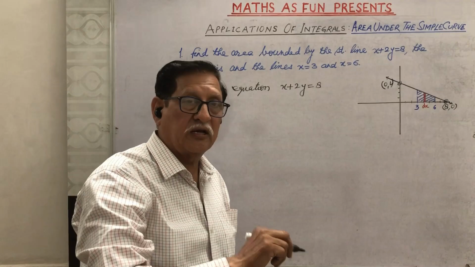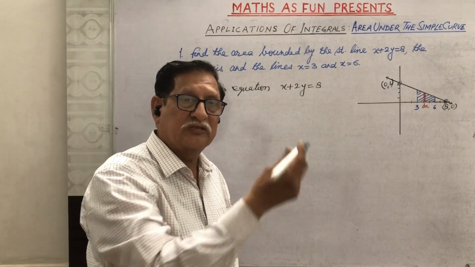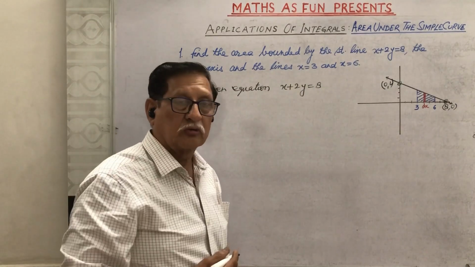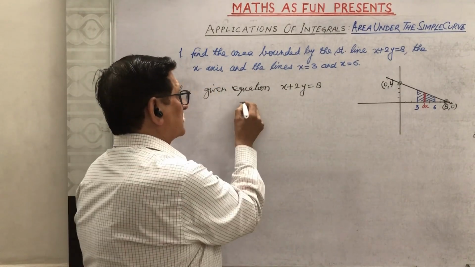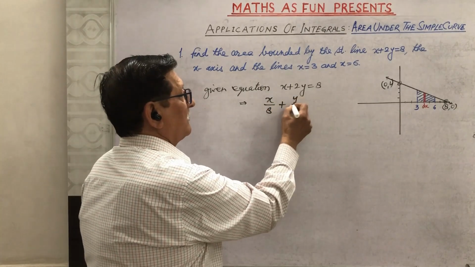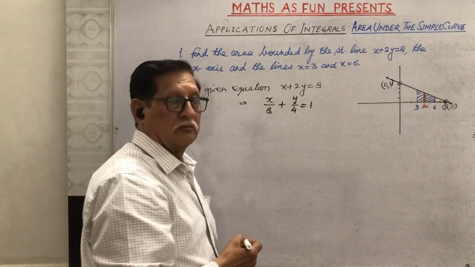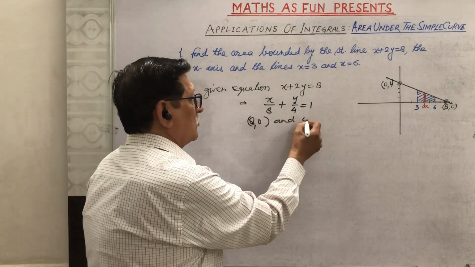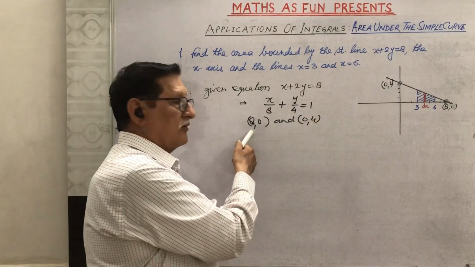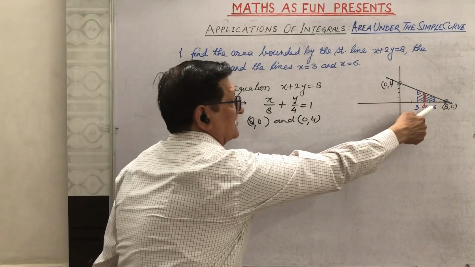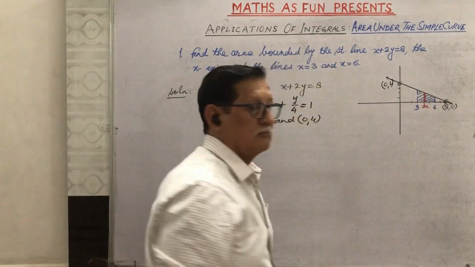And to draw the straight line easily, either we take some of the points on the line, or otherwise we can convert it into intercept form. To convert it to the intercept form, we divide by 8, that will be x by 8 plus y by 4 equal to 1. It means (8, 0) and (0, 4) are the points on the x-axis and the y-axis respectively. We plot the points and draw the line.